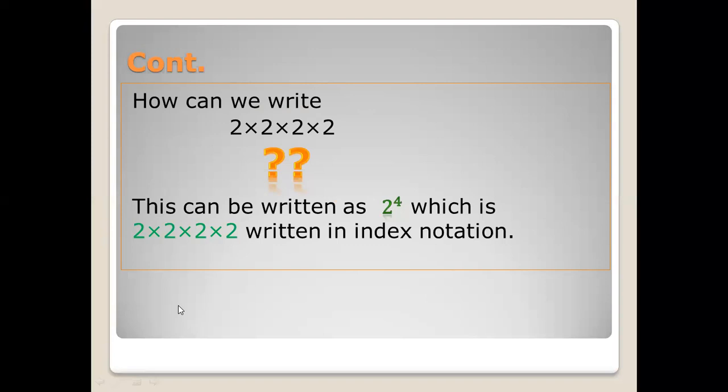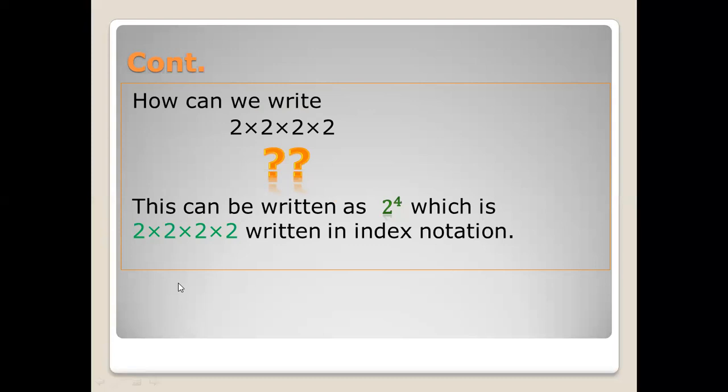Clavius. Hello, what I can see on the screen is how can we write 2 multiplied 4 times? This can be written as 2 power 4. Yes. Which is 2 times 2 times 2 times 2, written in index notation.